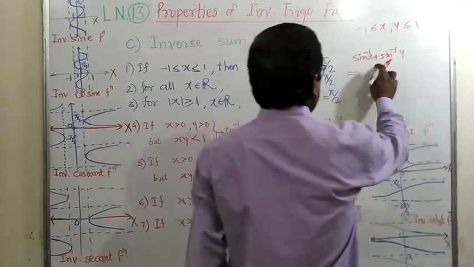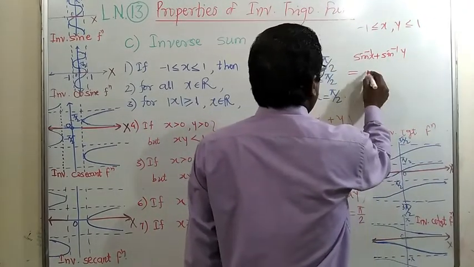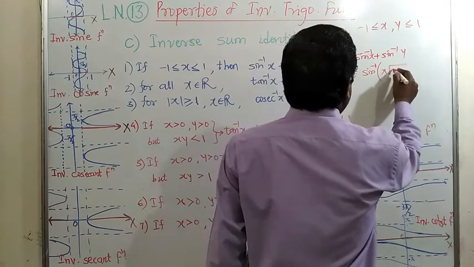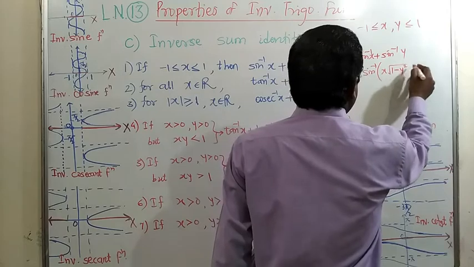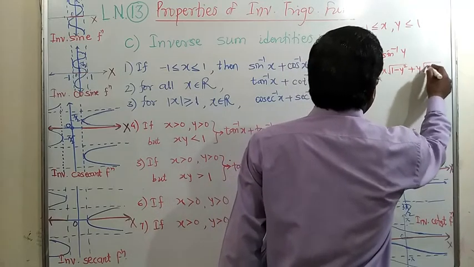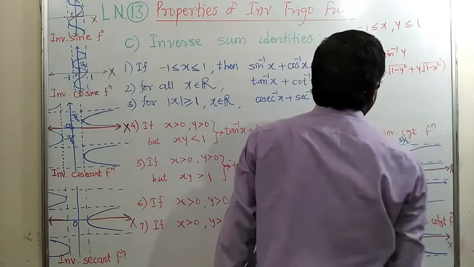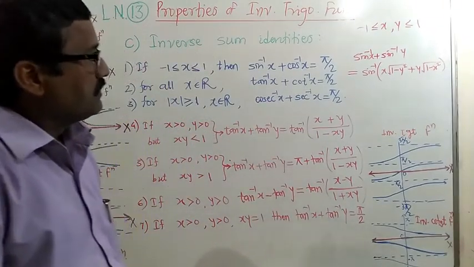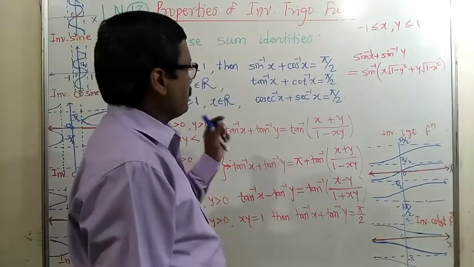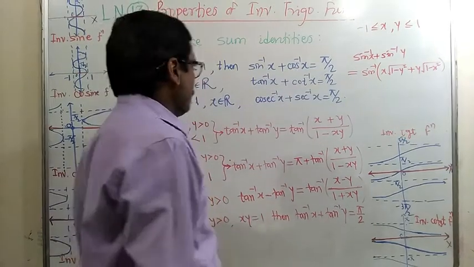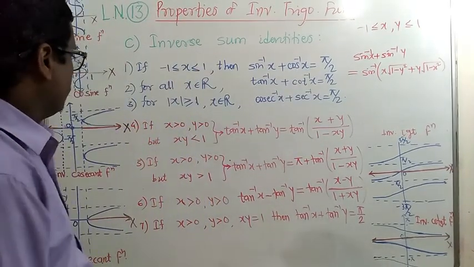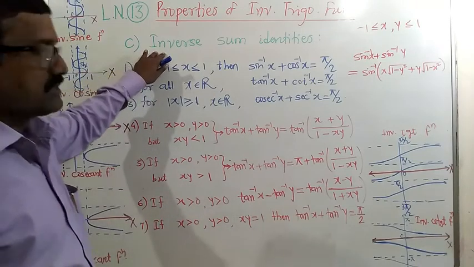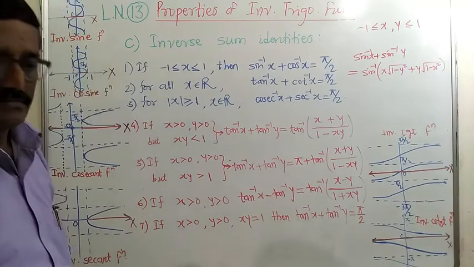Then sin inverse x plus sin inverse y is equal to sin inverse of x root 1 minus y square plus y root 1 minus x square. There are different properties like this. So these are some properties in this group, inverse sum identities.